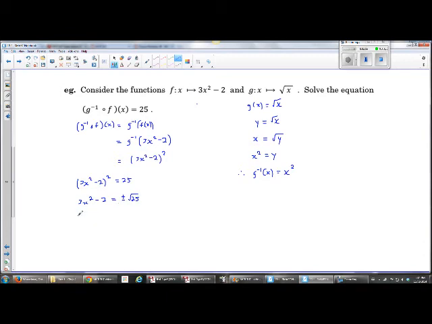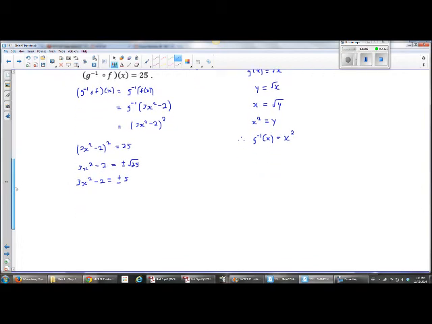So then that becomes 3x squared minus 2 equals positive or negative 5. So we have a couple of options, I suppose. First we do 3x squared minus 2 equals positive 5. And then we'll look at 3x squared minus 2 equals negative 5.